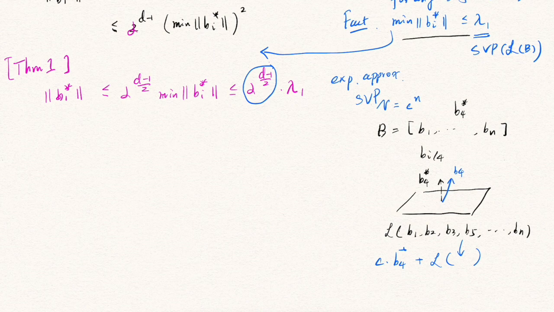It should be easy to see that the distance between any of these lattice points would not be smaller than this B4 star, because this is already the smallest one.